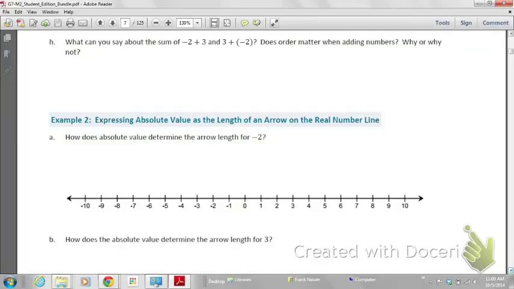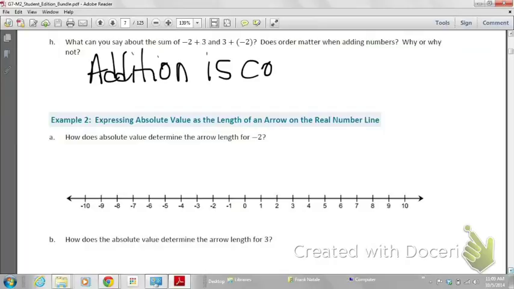In this case, the order does not matter when adding numbers, and actually in all cases, because addition is what we say is commutative in nature. That's another terminology word on the terminology sheet at the website.